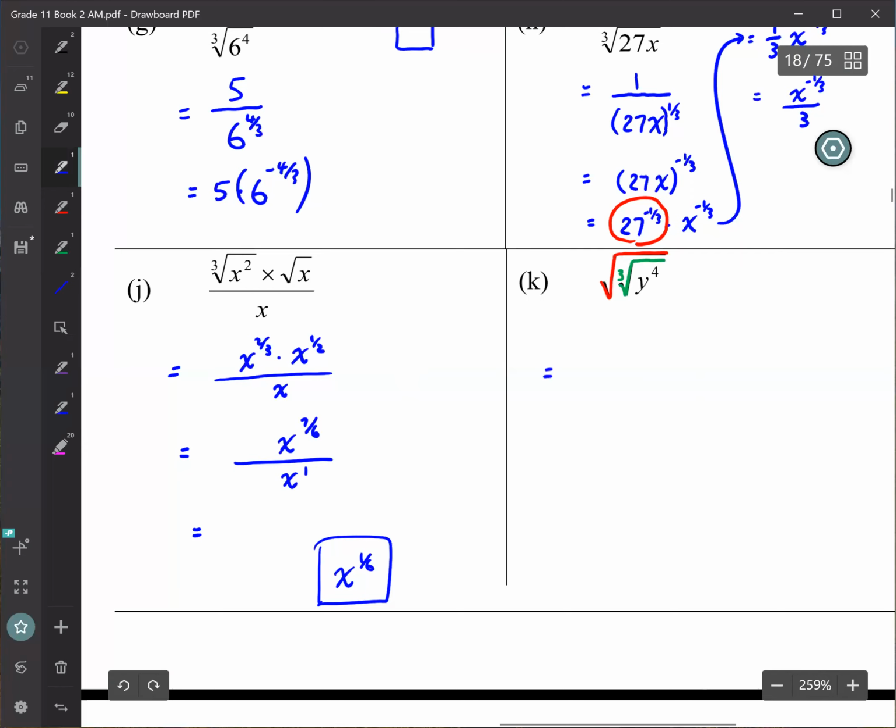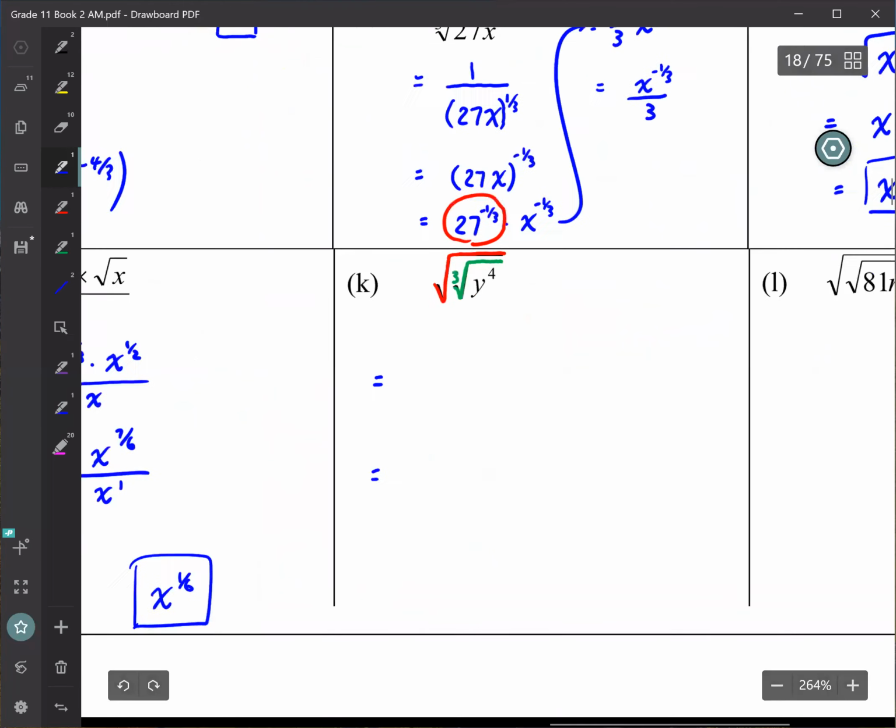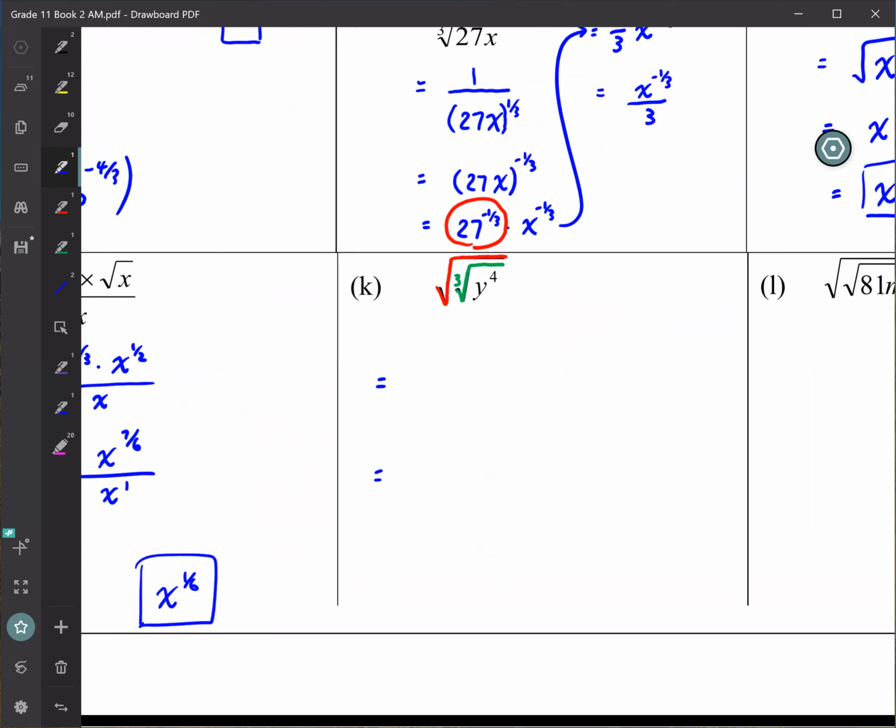I'll let you try that. Once you get two layers, then think about what to do next to simplify. If you think you are finished, you can raise your hand.